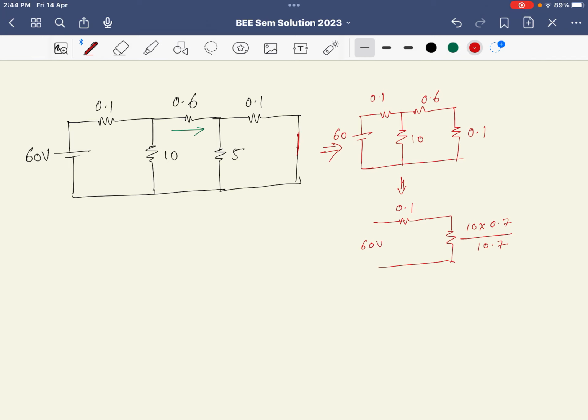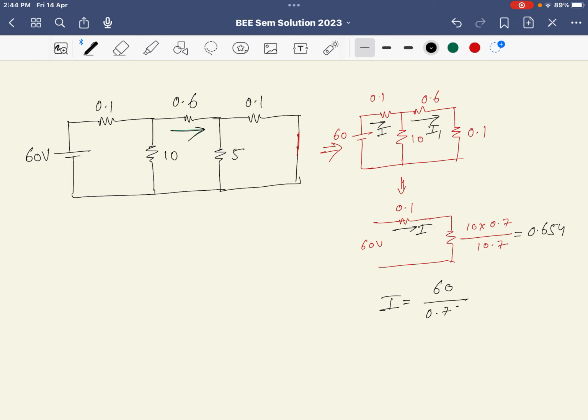So that gives what is the current right now. We are asked to find the current in this direction, and let this current be I1, and let this current, which is the input current, be I. So we can calculate the value of I is equal to 60 divided by this value, 10 into 0.7 is 7 divided by 10.7, that is coming around 0.654.